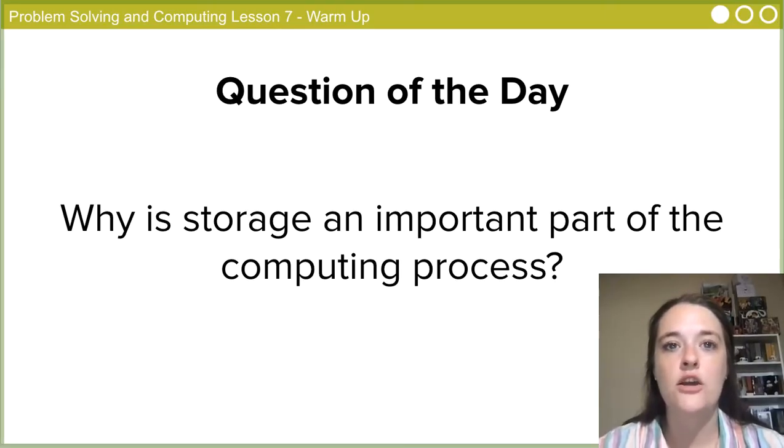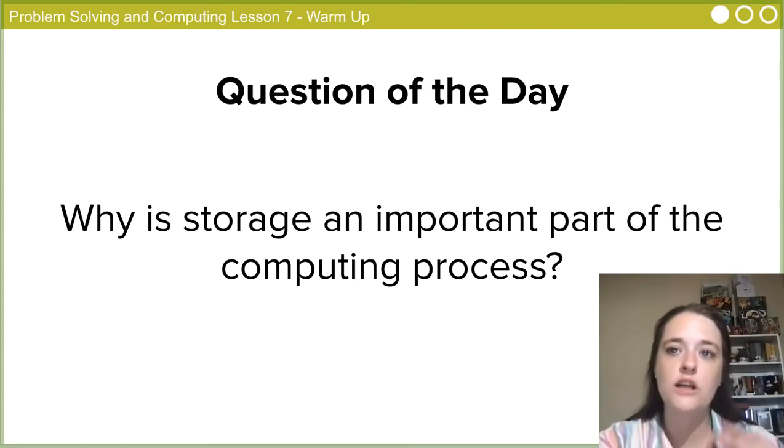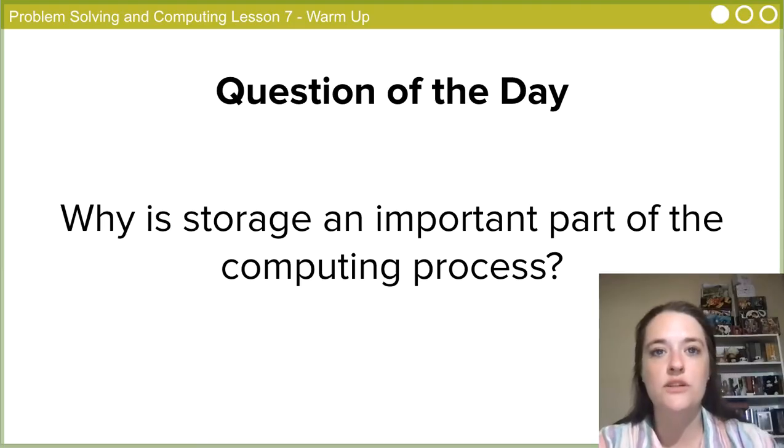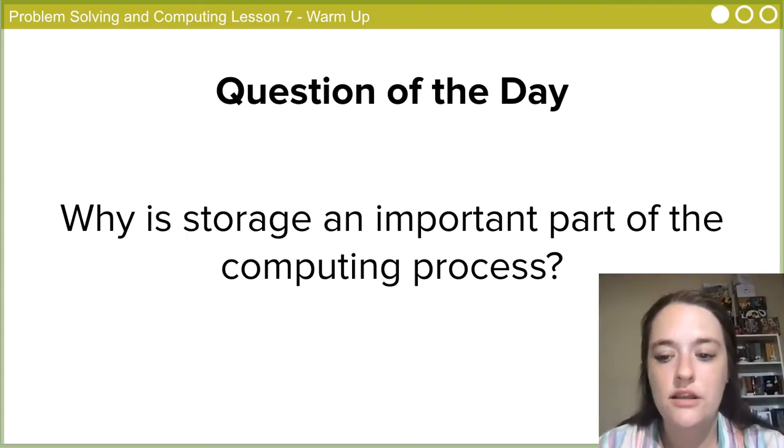Okay, our question of the day is, why is storage an important part of the computing process? We are going to look at a few apps that use a few kinds of information. We want to identify which information could be stored so that we don't have to enter it every time. So you can grab a partner if you want to do this.